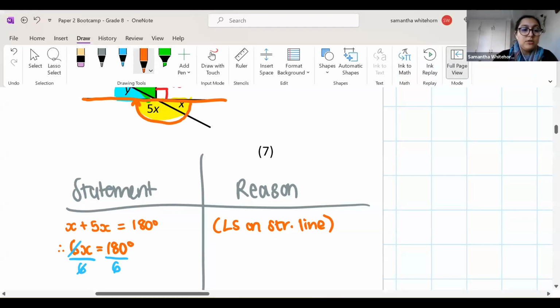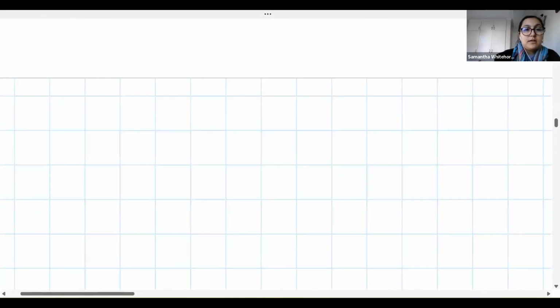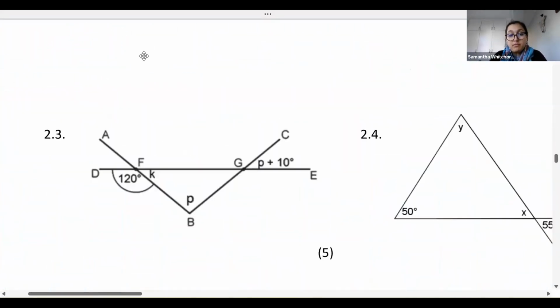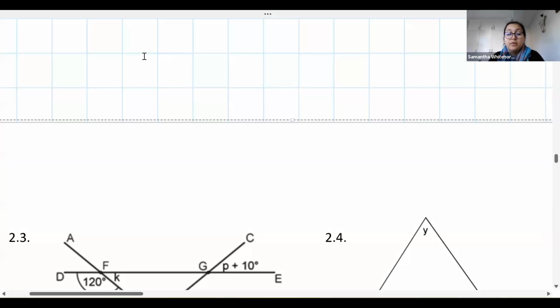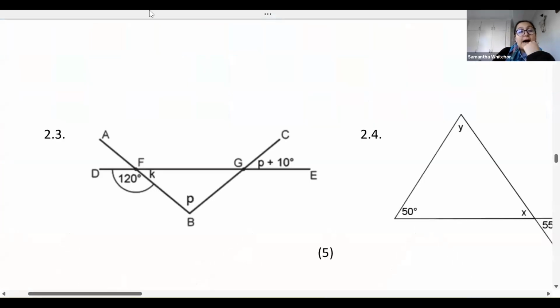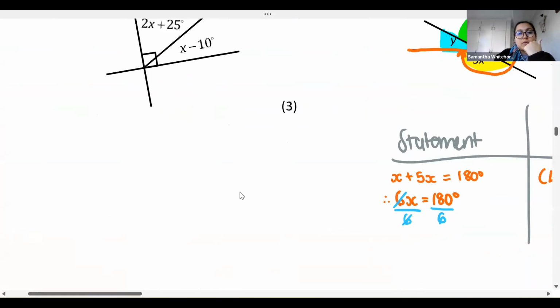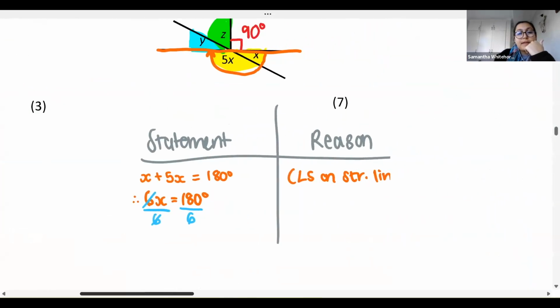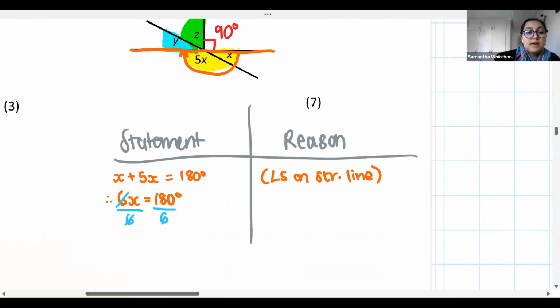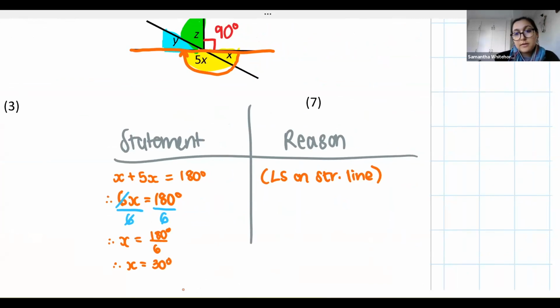I have now got 6X equals 180 degrees, and to solve for X, I need to divide 180 by 6. So X is equal to 180 divided by 6. 180 divided by 6 is 30 degrees.